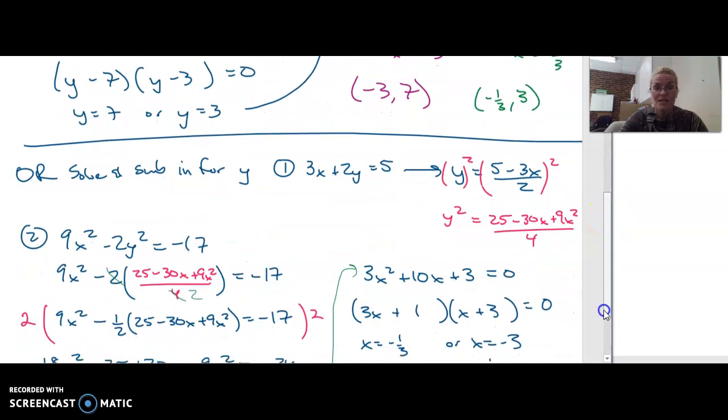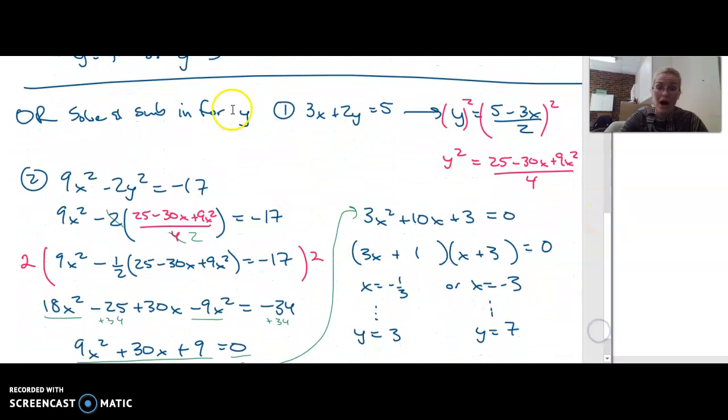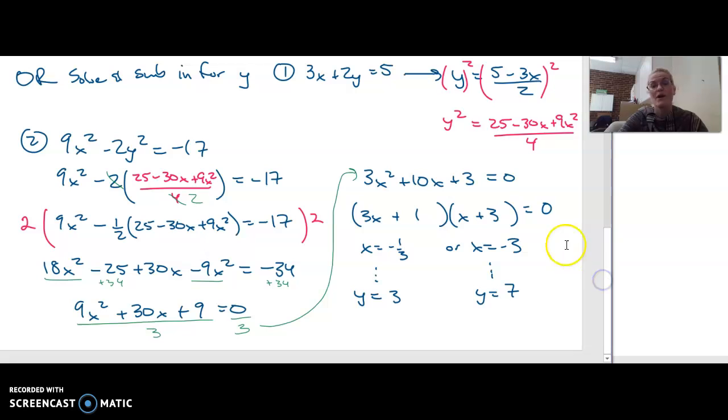If you decided to solve for y and substitute that in, so you had an equation entirely in terms of x, here is what your work should have looked like for that. So again, solving for y and then subbing in for y squared. Either you're going to sub in for y and then square it, or I just went ahead and squared everything and then put it in.